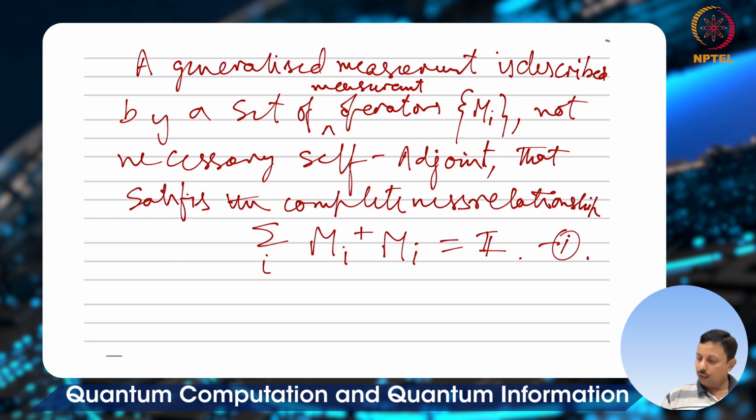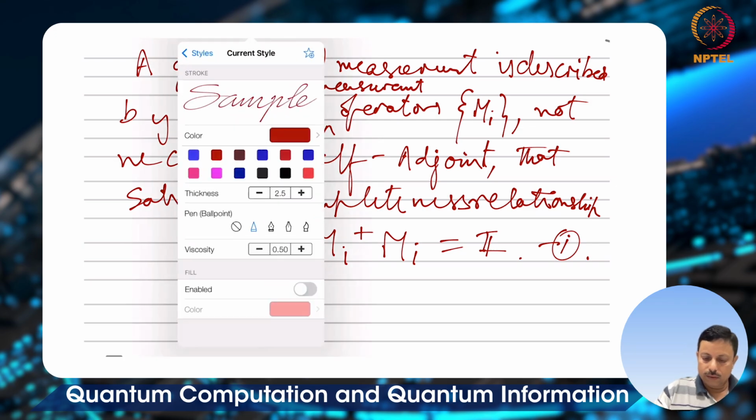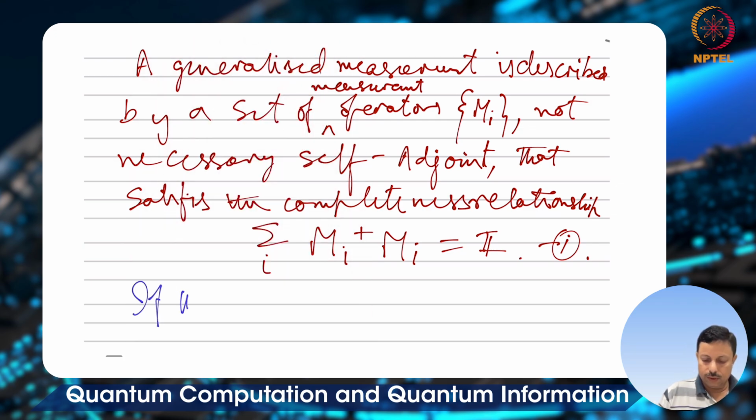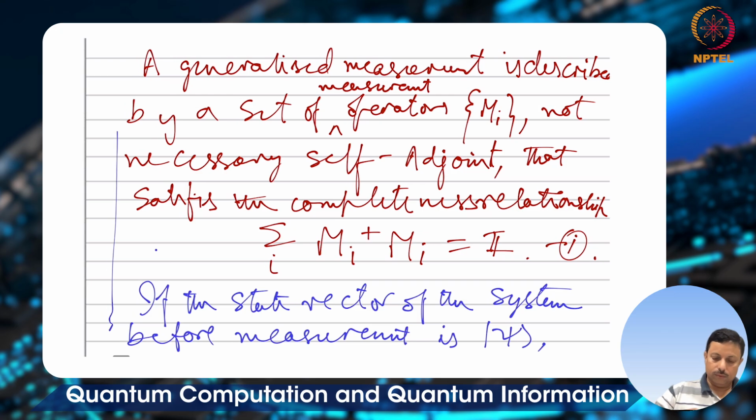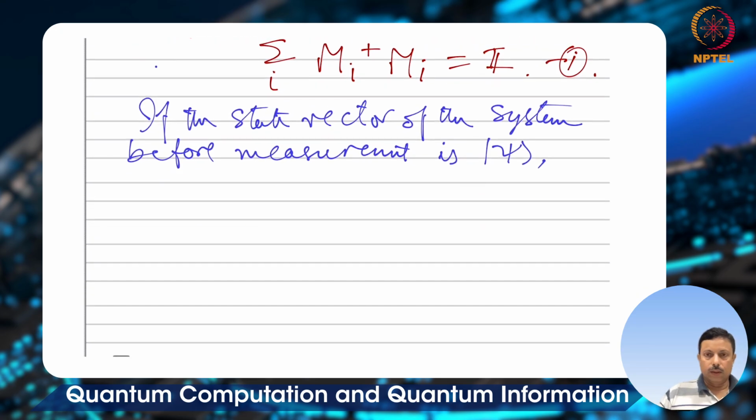Now supposing the state vector of the system before measurement is psi.